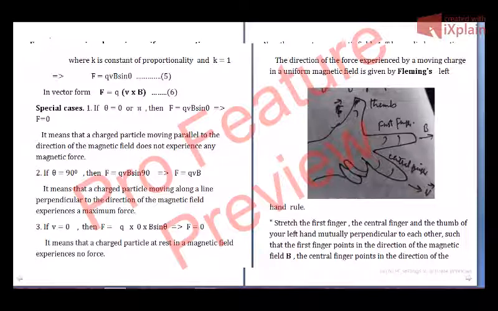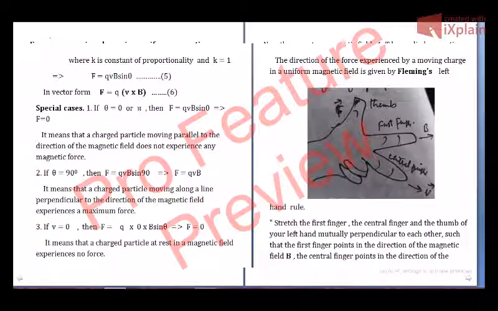And if the angle is again increased from 90 to 180, the force will go on decreasing, and when the angle becomes 180, the force will again become 0. So in this way the force will go on increasing and decreasing.